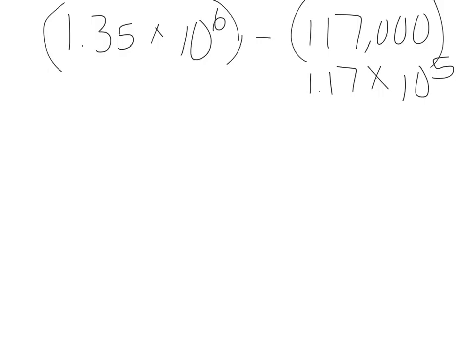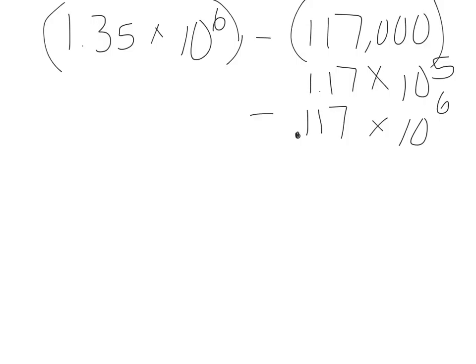Well, I'm subtracting from 10 to the 6th, so maybe what I'll do is make this 10 to the 6th, make that bigger, so then this gets smaller by 1 spot. So 5 goes up to 6 and gets bigger, so 1.17 becomes 0.117 and gets smaller.